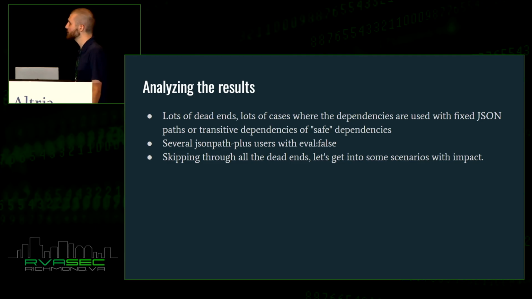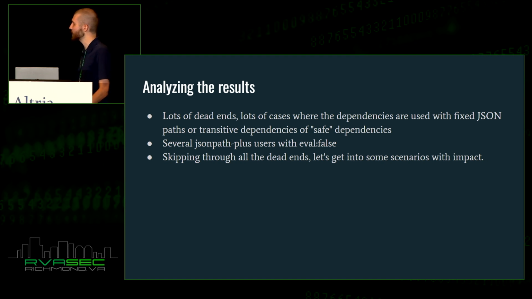For JSON path plus, I actually saw a lot of users running it with eval false, which was good because if they were handling potentially untrusted JSON paths, that was the correct way to do it. I did see a couple of targets that kind of disappointed me with that because I think they would have paid out if they hadn't been running it that way.